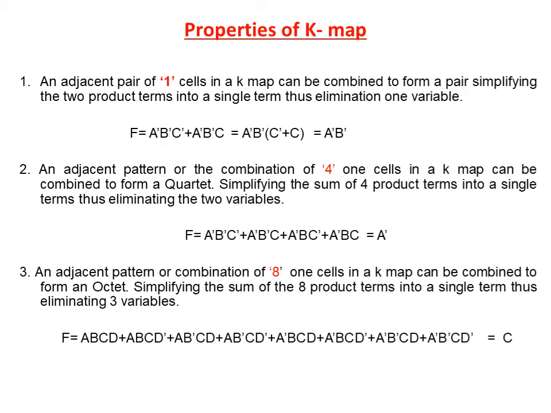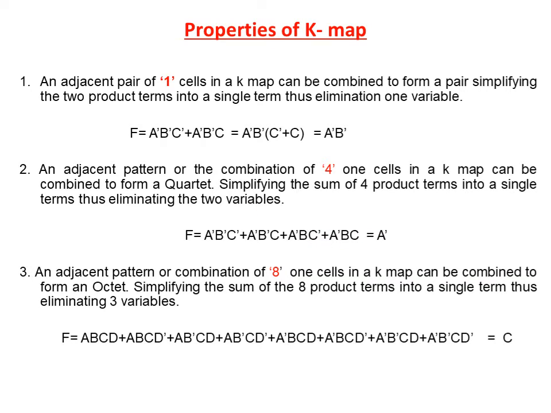Properties of K-map. For K-map groupings, we have to cover as many ones as possible to simplify the expressions. For grouping two cells in a three variable K-map, we can eliminate one variable. If you group four cells in a K-map, then two variables are eliminated.